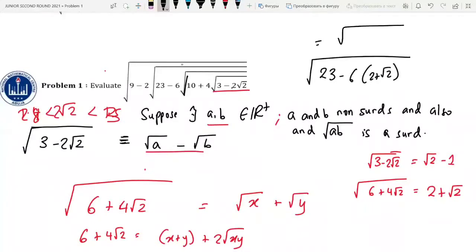So this will be the square root of 11, that is 23 minus 12, that is 11 minus 6 root 2. Let me just confirm. Yes. So this is what it will be. Okay, this 23 minus 6 plus 2. Okay. And plus.